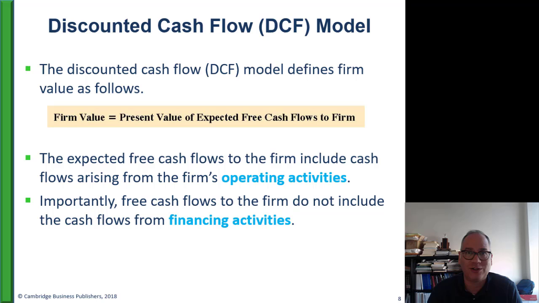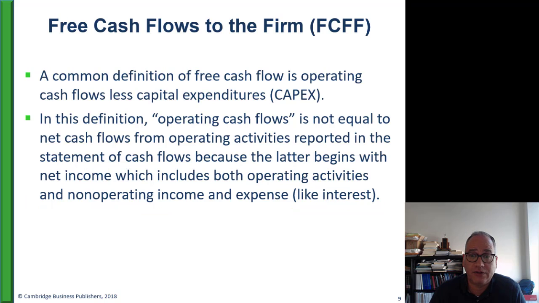What we're trying to do in valuation is determine what the stock price should be. So what the discounted cash flow model does is it really focuses on operations and how to use information about operations to estimate the value of the stock. So the commonly used definition, and there are other definitions that are used, some companies have very specific definitions that they try to encourage analysts to use, would be net operating cash flows minus capital expenditures.